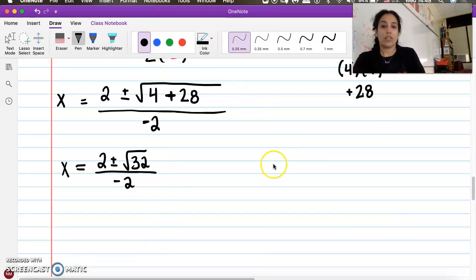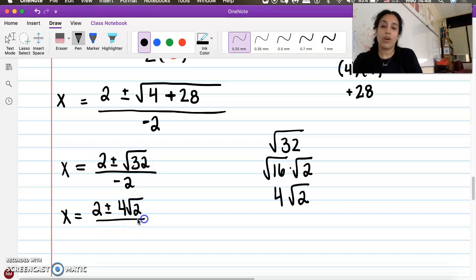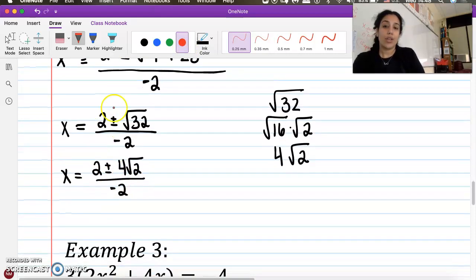Now, the square root of 32: the biggest perfect square that goes into 32 is 16 times 2. Square root of 16 is 4, so 4 root 2. And so this becomes x equals 2 plus or minus 4 root 2 all over -2. Now, these can both be divided by 2.